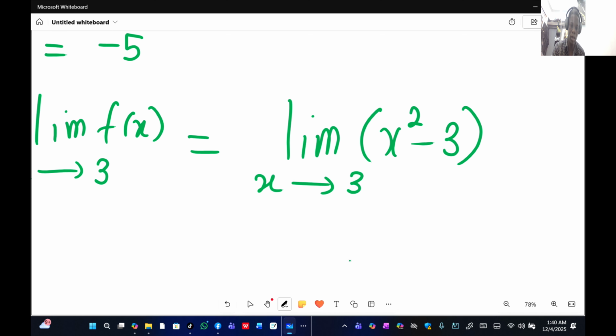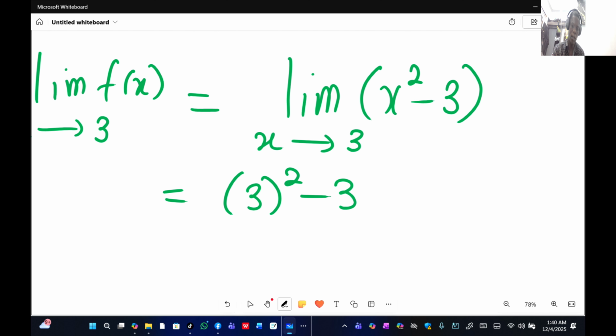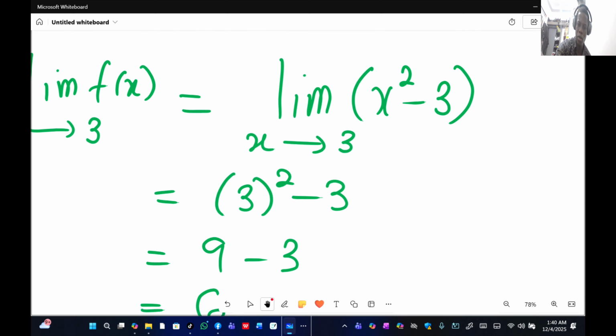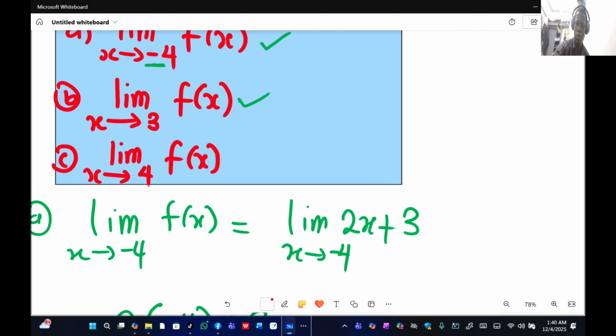We put 3 in place of x, so 3 squared minus 3, which gives us 9 minus 3. At the end, we get positive 6 as the limit of the function f as x approaches positive 3.